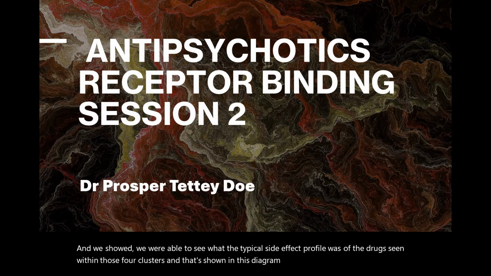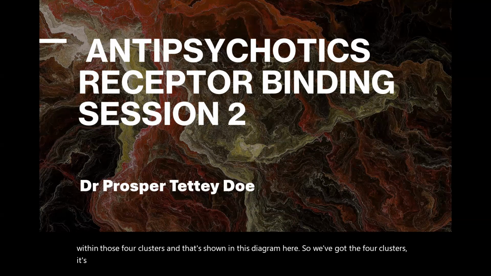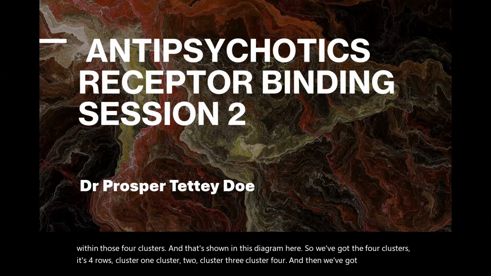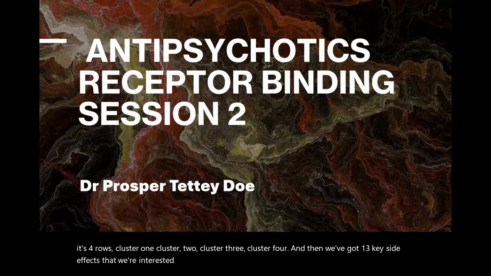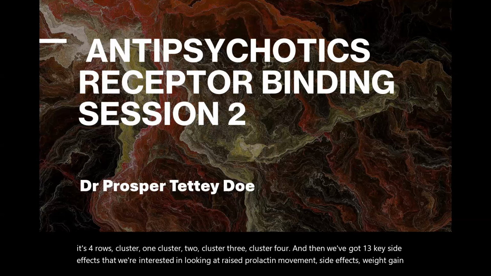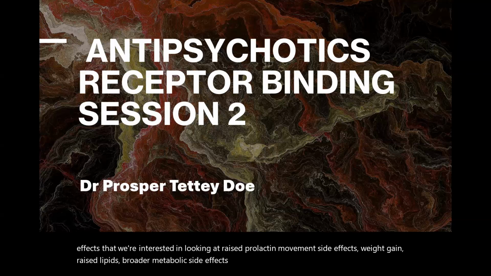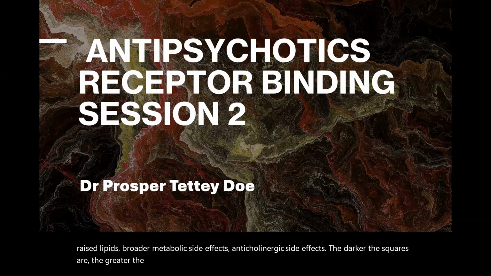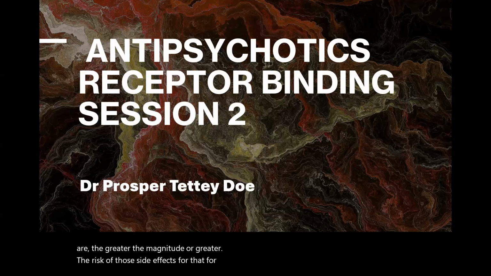So we've got the four clusters as four rows, cluster 1, cluster 2, cluster 3, cluster 4. And then we've got 13 key side effects that we're interested in looking at: raised prolactin, movement side effects, weight gain, raised lipids, broader metabolic side effects, anticholinergic side effects. The darker the squares are, the greater the magnitude or greater the risk of those side effects for those clusters.